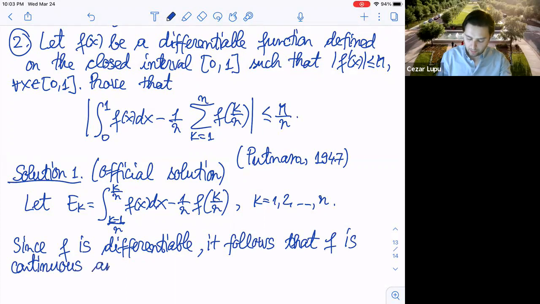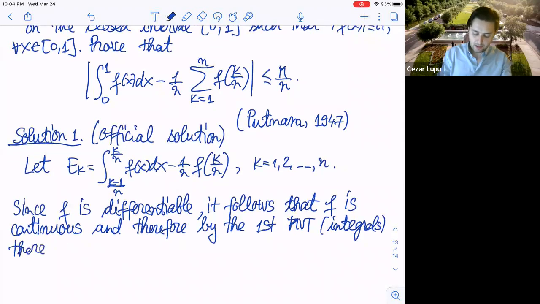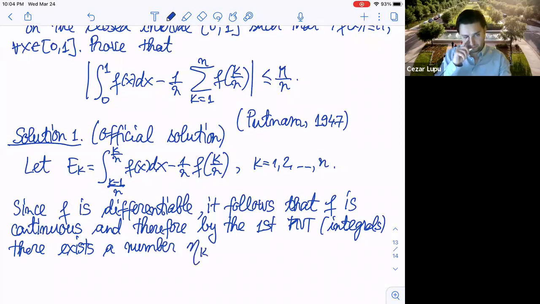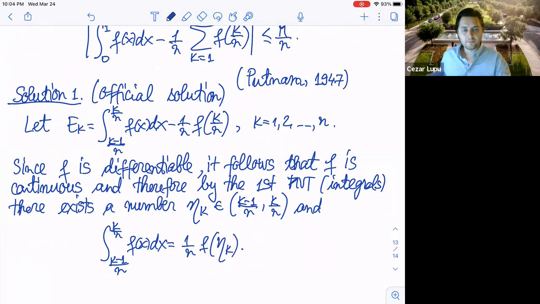And therefore, by the first mean value theorem for integrals, there exists a number, say eta_k, in this interval [(k minus 1) over n, k over n], such that the integral from (k minus 1) over n to k over n of f of x dx will be 1 over n times f of eta_k.